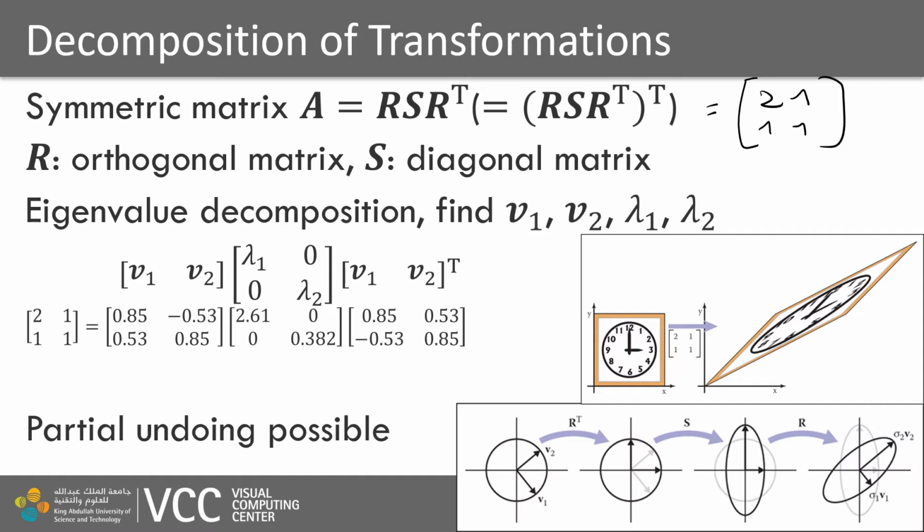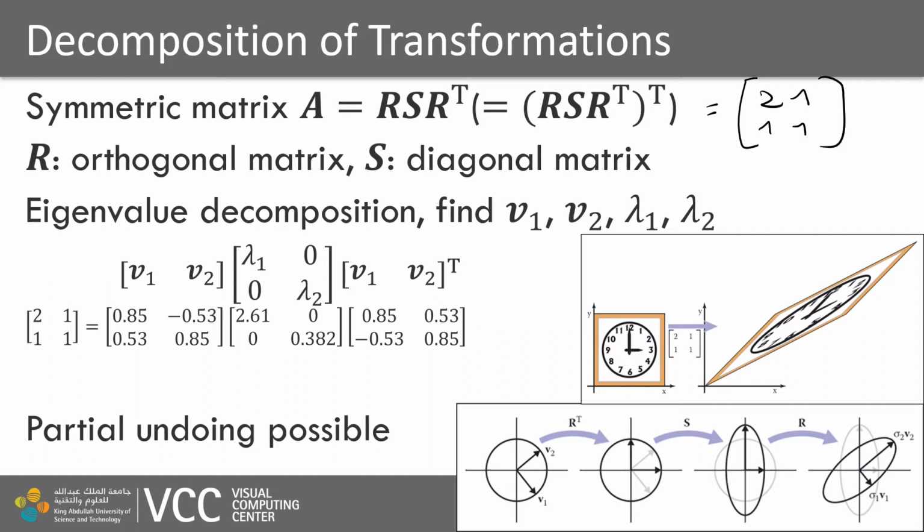And what is this matrix? Now we can see that it is again a decomposition of a rotation followed by a scaling and followed by an inverse rotation. So this is its corresponding meaning.